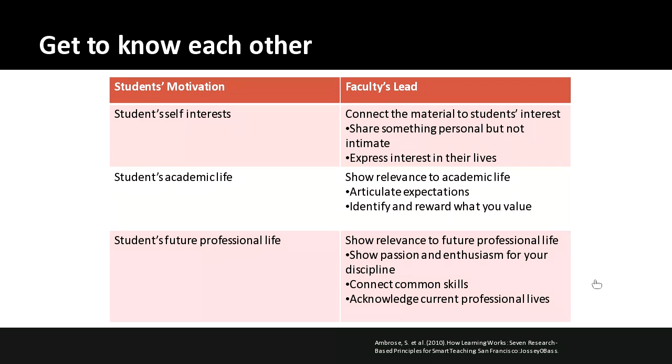One is to articulate what your expectations are to your students so that they can meet those expectations, and to be very clear about what you're looking for. It also helps them understand the relevance of the assignment, maybe even a certain section of the course, or honestly, maybe even the course itself.